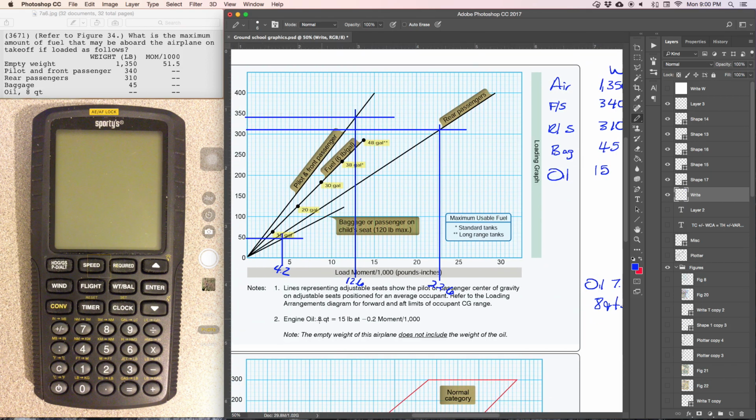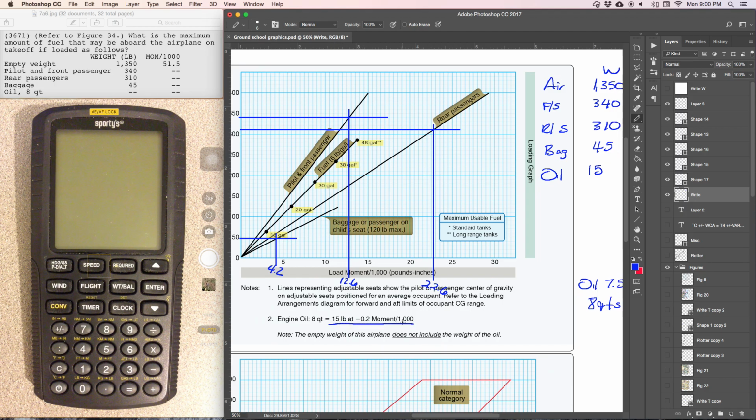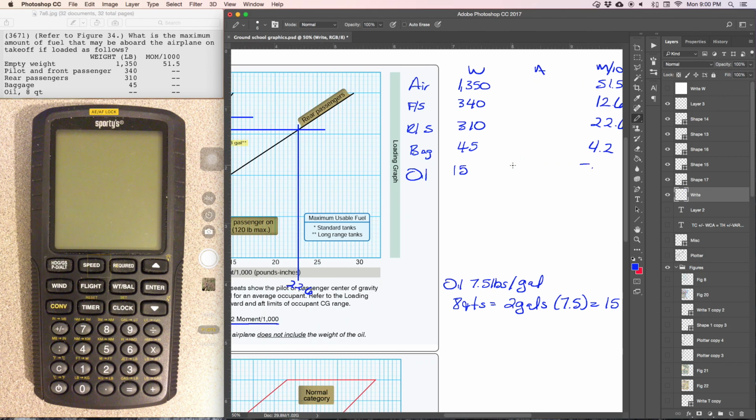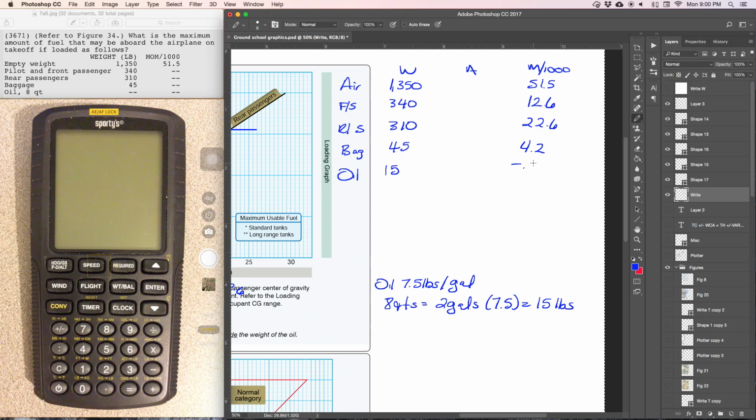And then we're given that 8 quarts of oil equals about 15 pounds at negative 0.2 moment.